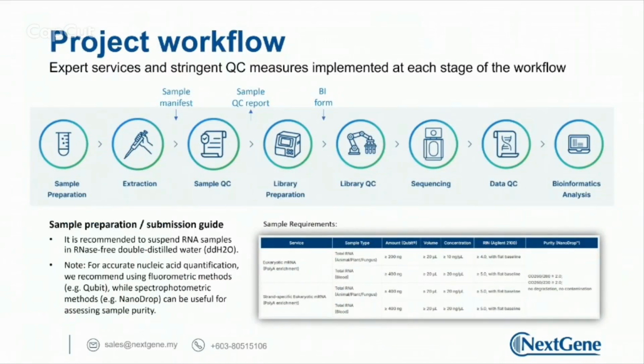So to conduct an RNA-seq project, what we are going to expect in a project will be starting from the sample preparation. For RNA-seq, of course, we normally start from the material of total RNA. Here are some examples of the sample requirements for submission for RNA sequencing.